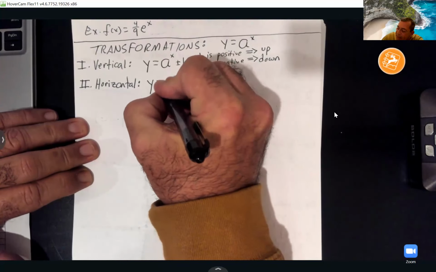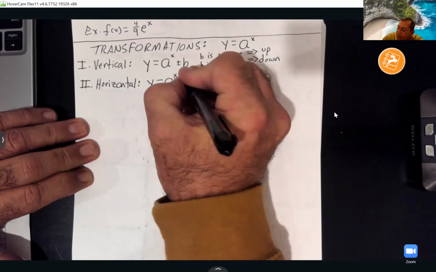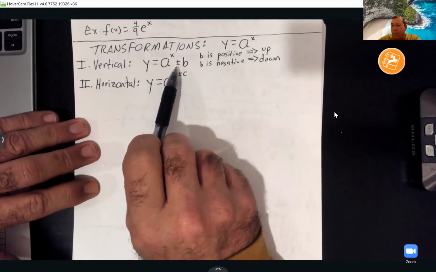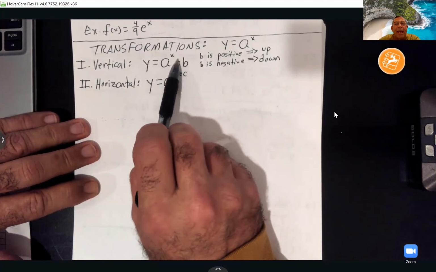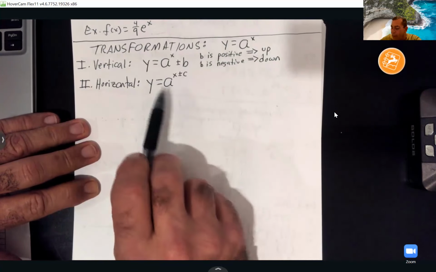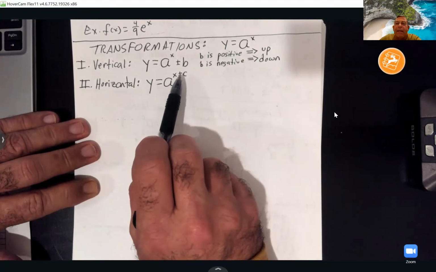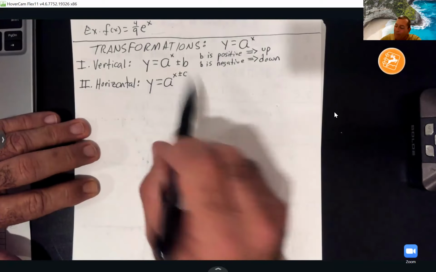So this time, a to the x plus or minus some number. Y'all notice the difference. On vertical, I wasn't up here with the exponent when I added or subtracted my number. But to do a horizontal, I'm actually up here with the exponent, okay? I'm attacking the x still.